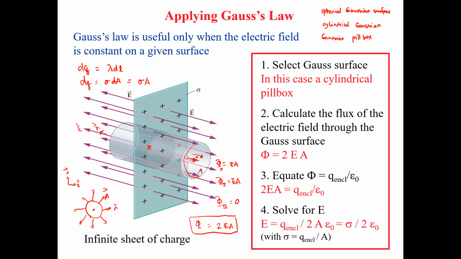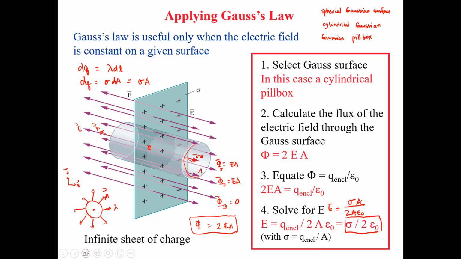So, makancel out ni si A. You have E is equal to sigma times A divided by 2A epsilon naught. So we can cancel out A. So we are left with this equation. So sigma divided by 2 epsilon naught. Okay? So this is the electric field of an infinite sheet of charge.